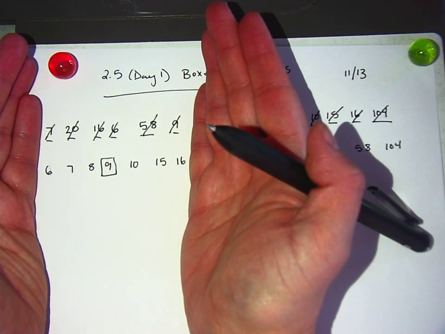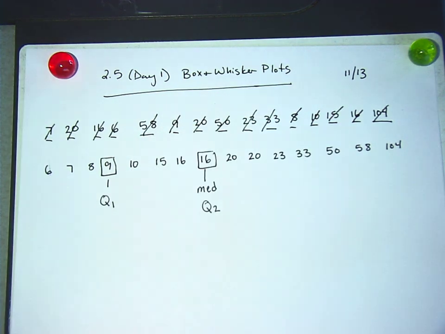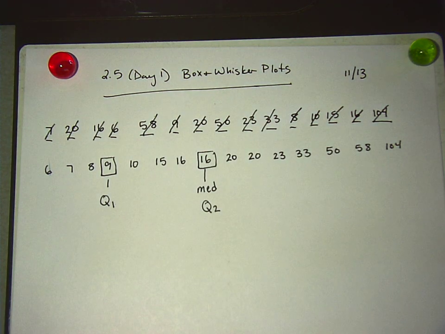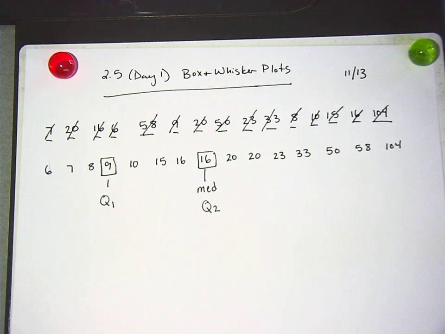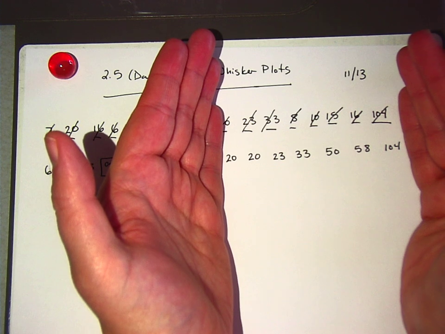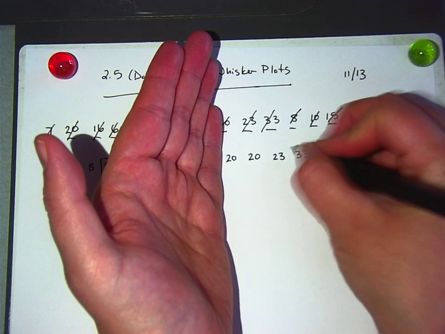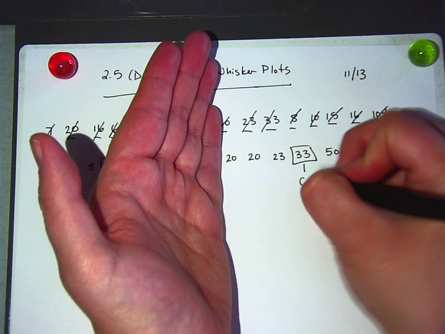Do you guys agree? That's called Q1. That's the first quartile. What's the median of the top half? 33. And that is Q3.